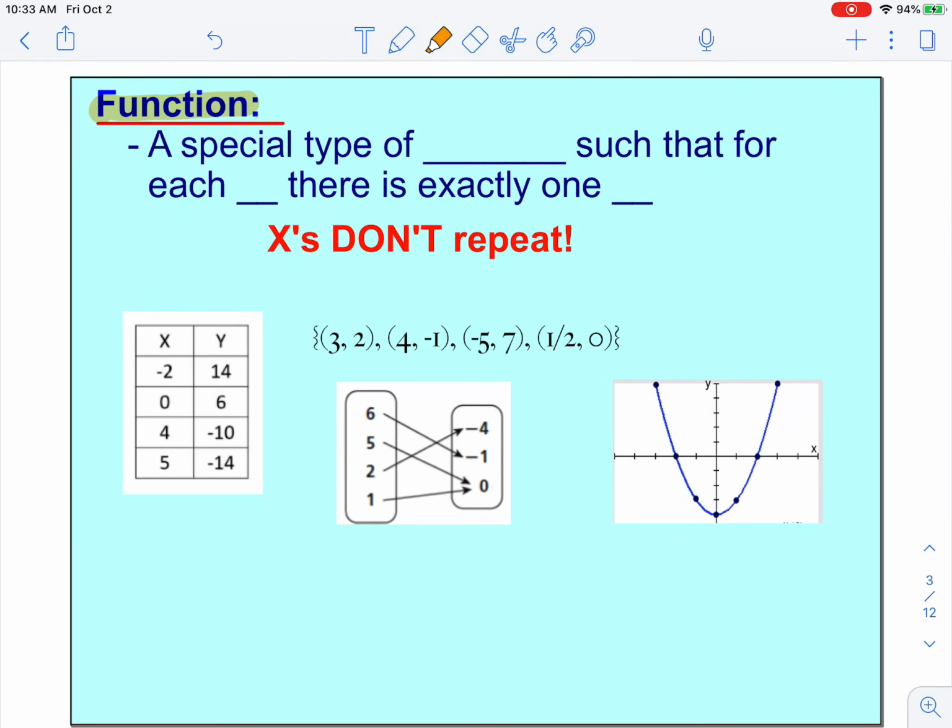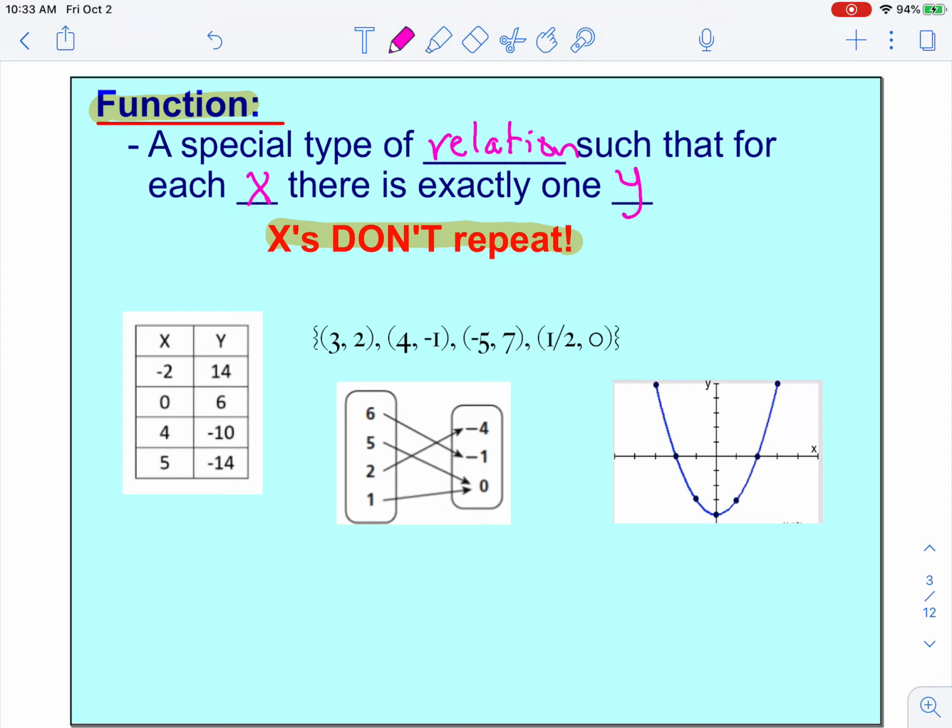A function is a special type of relation. So it's a special set of ordered pairs such that for each X, there's exactly one Y value. And the thing that we look for is the X's don't repeat. That's what you're going to be looking for, especially when you look at ordered pairs or a T-table.